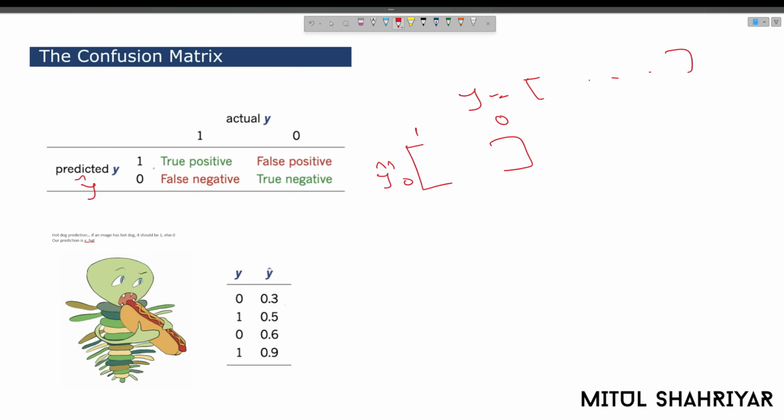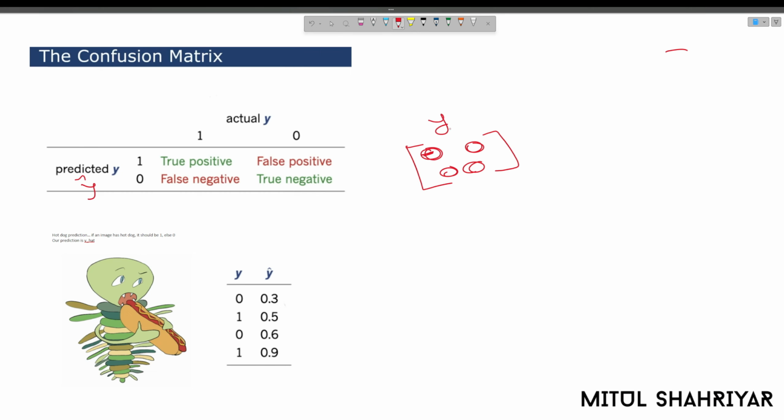So you can see this point, we have 4 values in the matrix.